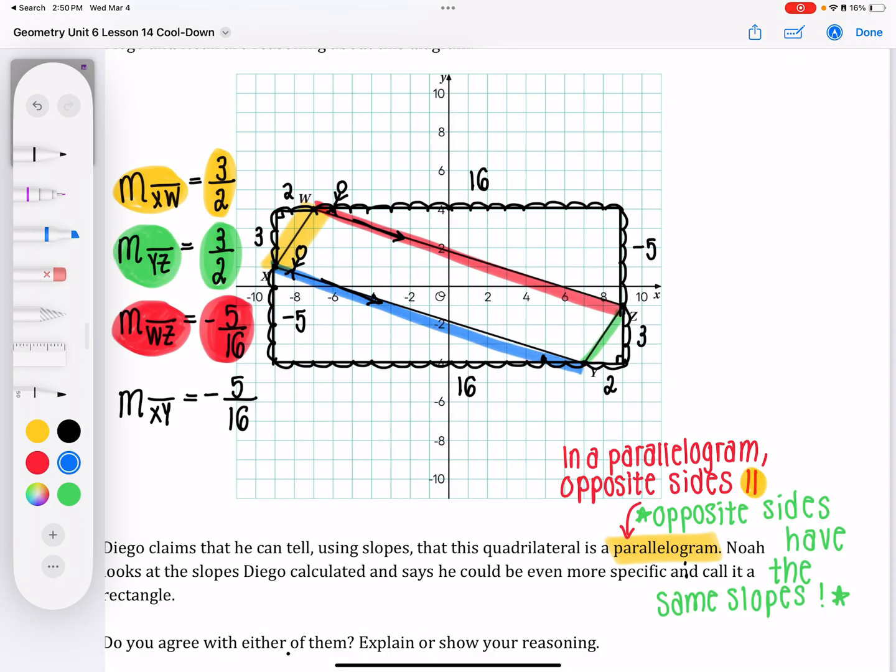So now I showed with mathematical evidence that opposite sides have the same slope. Therefore, they are parallel. And this makes it a parallelogram. So Diego is correct, and we're going to write a statement right here that says Diego is correct.